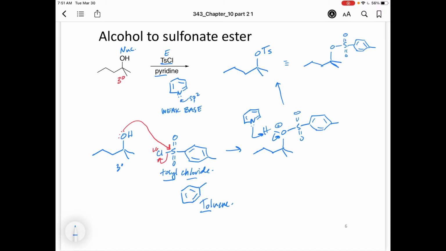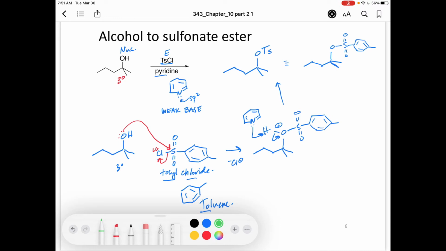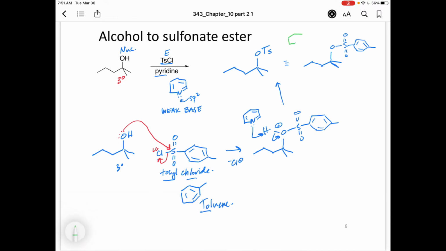leaving group leaving. So we also had Cl minus leave, and when you look at this, we've now protonated that pyridine. So what happens when we go from our starting material to our product, we have our pyridine hanging out as a pyridinium salt.